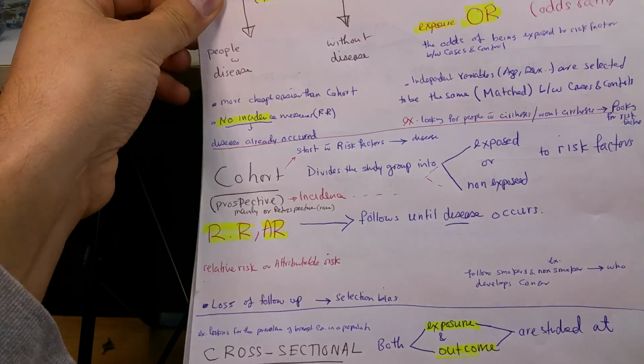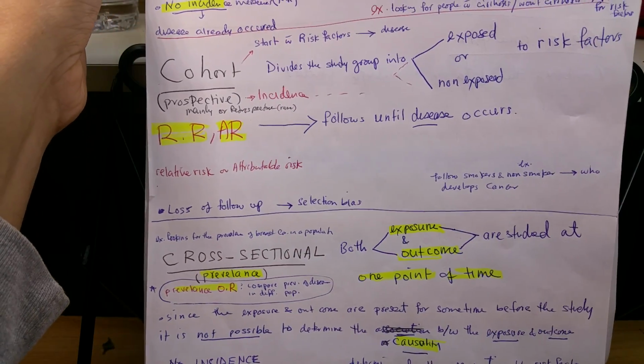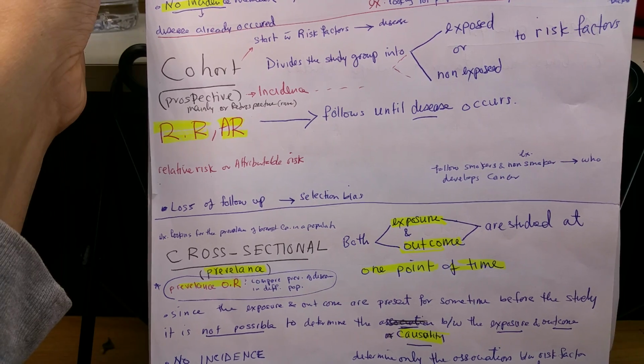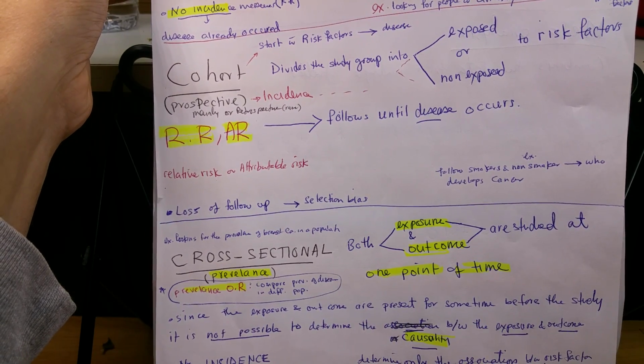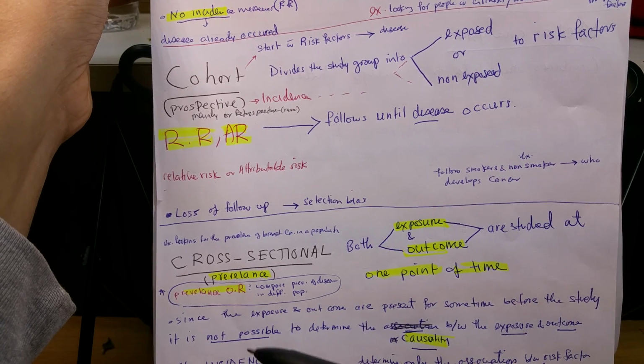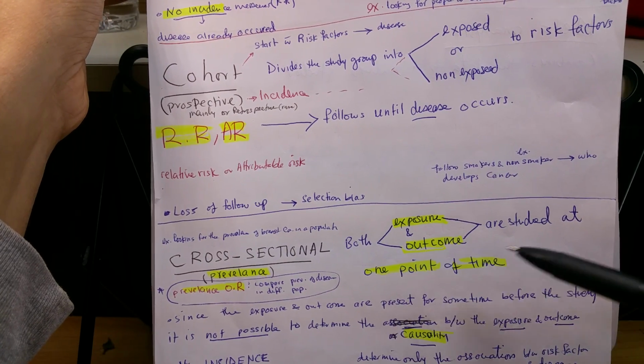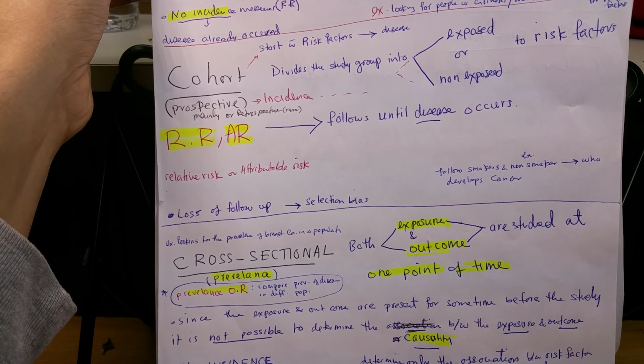We have the third one, which is the cross-sectional study, where it is a snapshot in time. It's a prevalence study, looking at both the exposure and the outcome in a certain period of time.